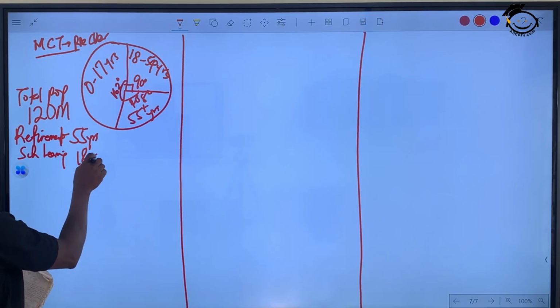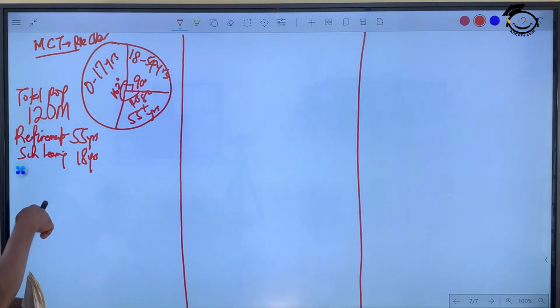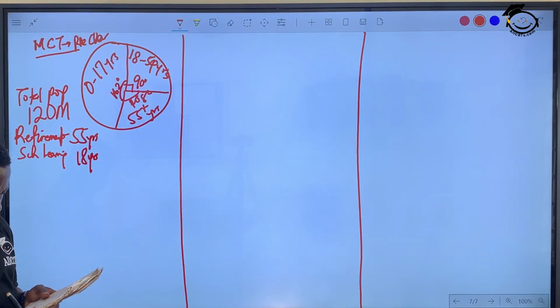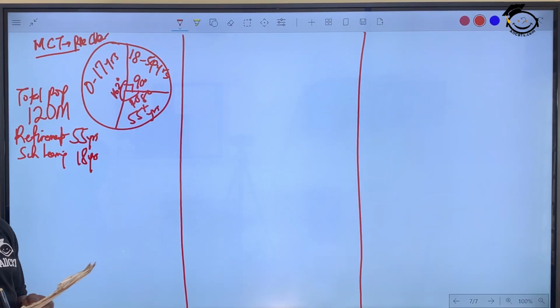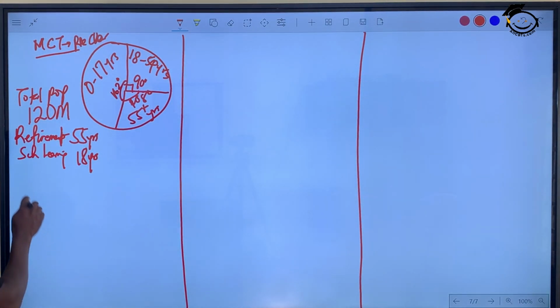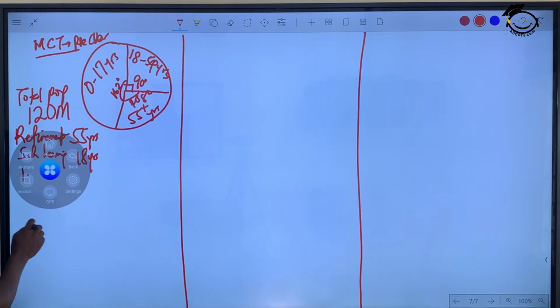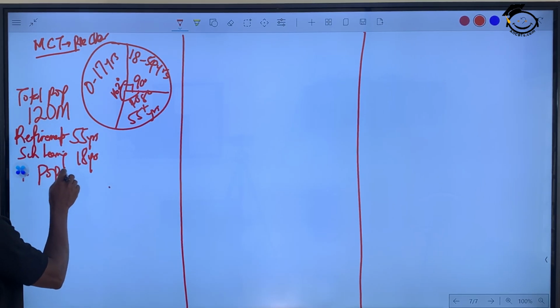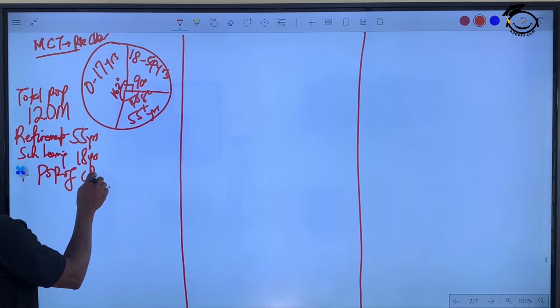What about school leaving age? Once you are done with school, you should start working from 18. Okay? From the above information, calculate the population of children. The first thing we are looking for is the population of children.